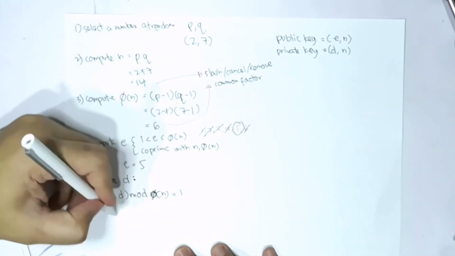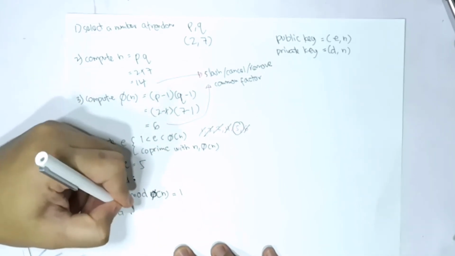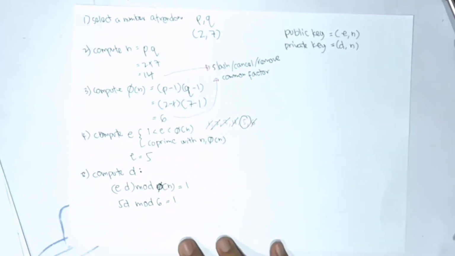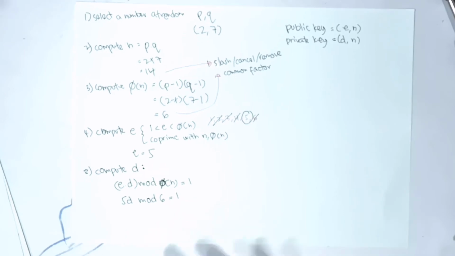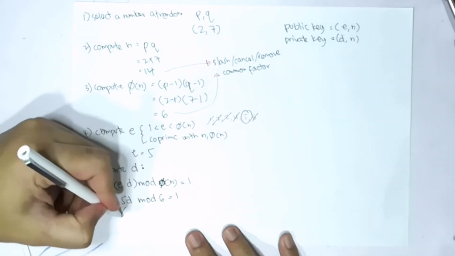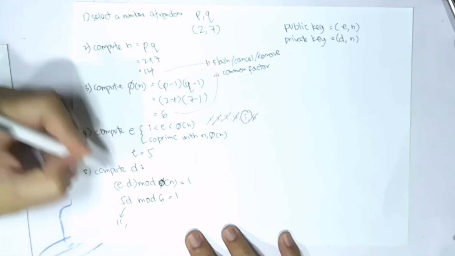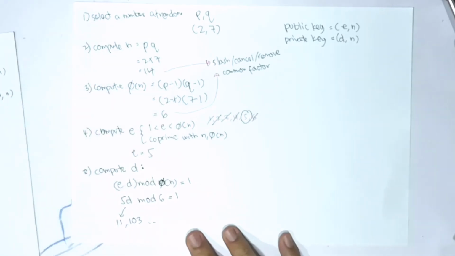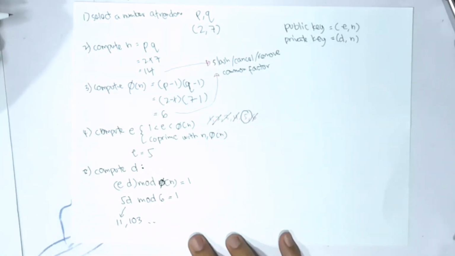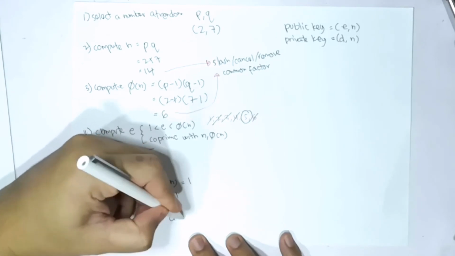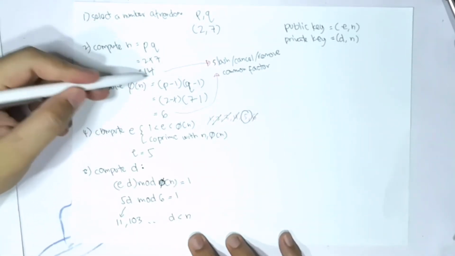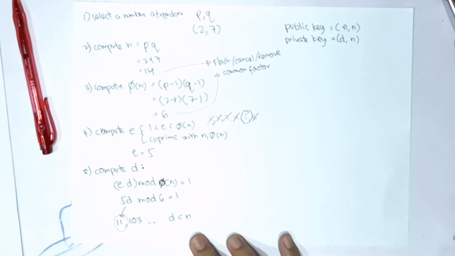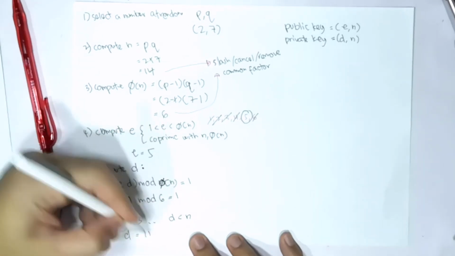We need to find D. So E is 5, 5D mod phi N, which is 6, equal to 1. For this formula, we know that D can be 11, can be 103, and so on. However, we need to know the rule where D should be less than N. So N is 14. So we can choose this number, 11. So D is equal to 11.